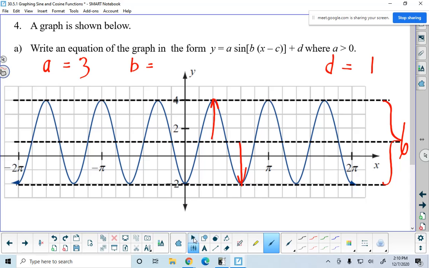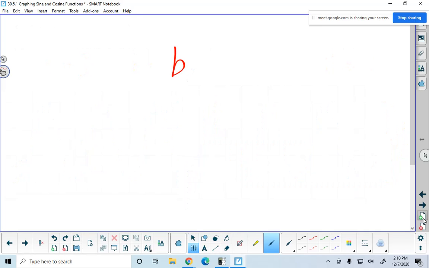So, Katrina, how are you doing with finding the value of B, which, I'm sorry, I saddled you with the most difficult task here. While you're continuing to think of it, yeah, it's difficult. What you have to do is remember that B is 2 pi over the period.